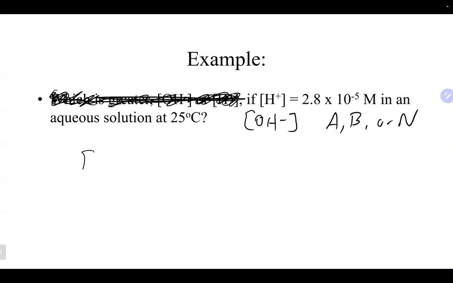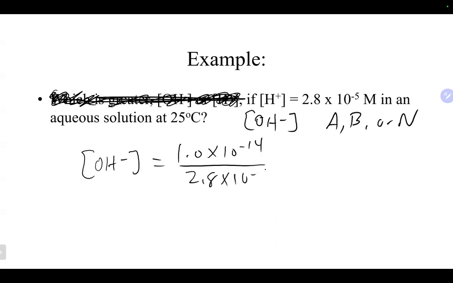So in this case, our OH minus, once again, 1 times 10 to the minus 14 divided by our 2.8 times 10 to the minus 5, going to get us, not that, try that again. It's going to be a 3.6 times 10 to the minus 10, it looks like.